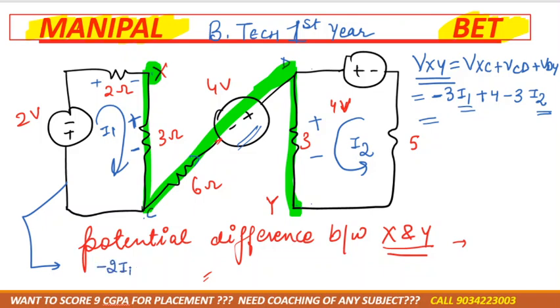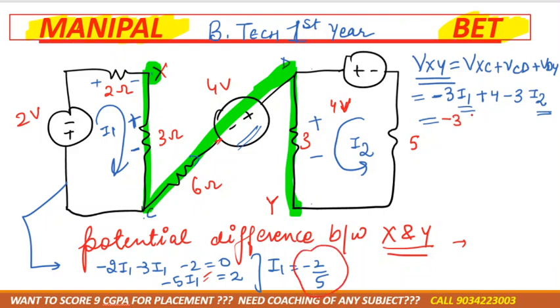Minus 2I1 minus 3I1 minus 2 is equal to 0. Minus 5I1 is equal to 2. Now from here you are getting the value of I1 as minus 2 by 5, right? So you need to put minus 2 by 5 only. Don't consider it automatically positive. I1 is minus 2 by 5, so put minus 2 by 5 only. Okay?